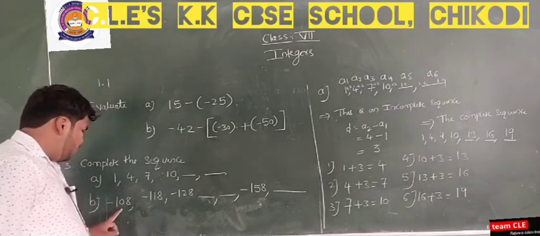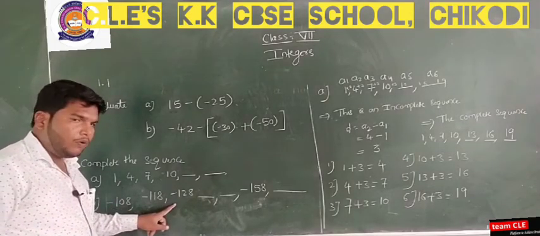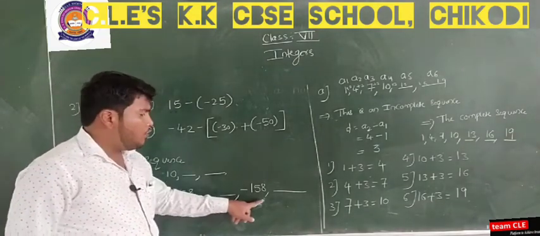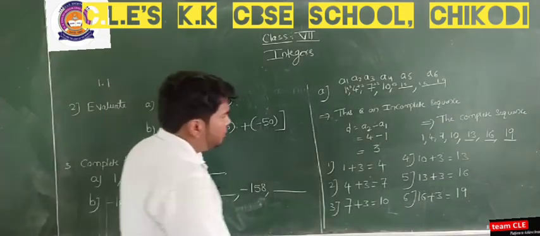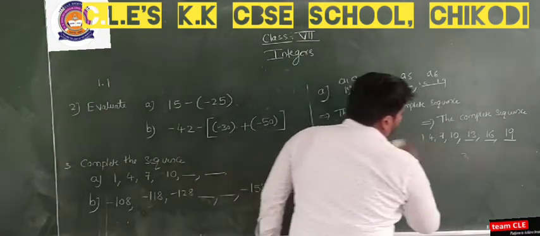The example is minus 108, minus 118, minus 128. Again these two we have to find, and one more remaining, that is the last term. Okay, so see here, this is the last part.